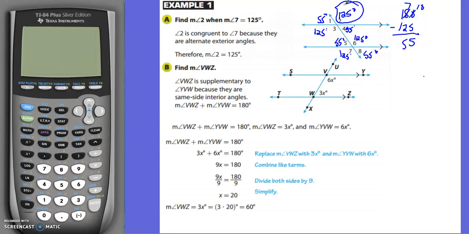All right, so let's do the next one, B. If this is 3x, this is 3x based upon corresponding, and this is 3x. If this is 6x, this is 6x, and the other corresponding angles are 6x as well. We want to know VWZ. So let's highlight VWZ.